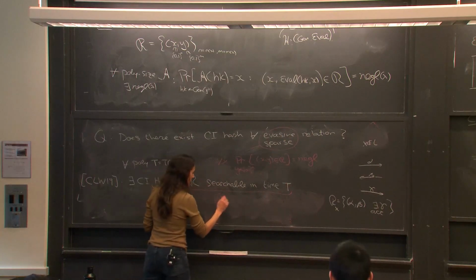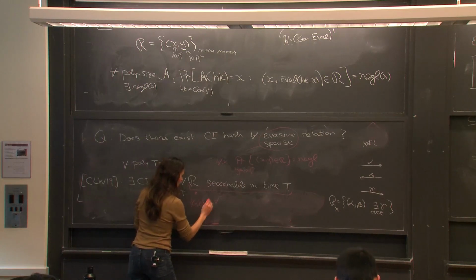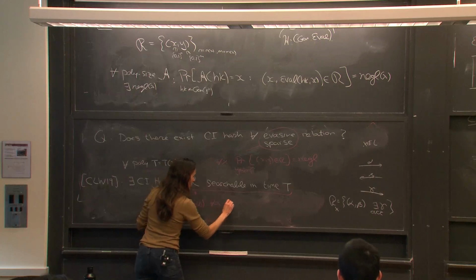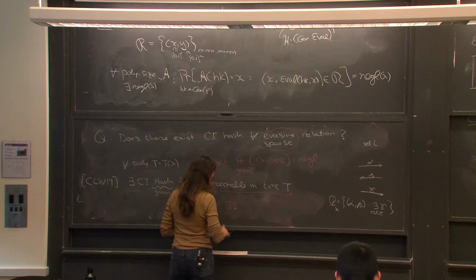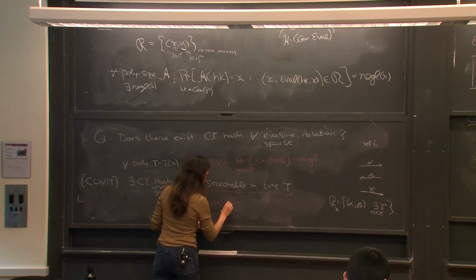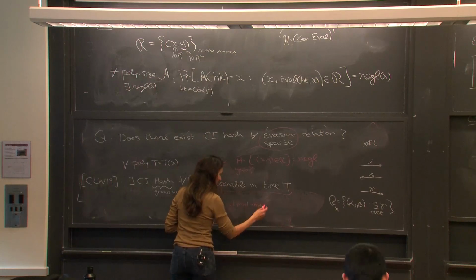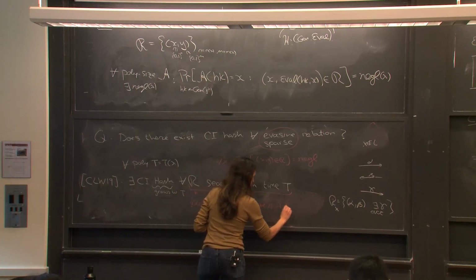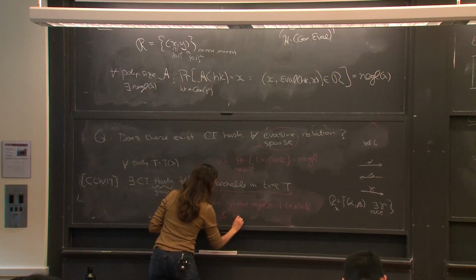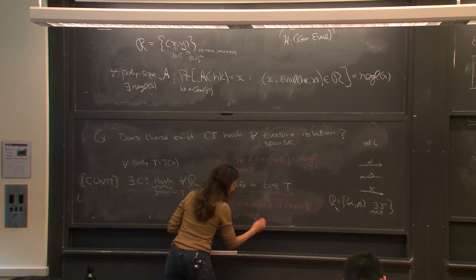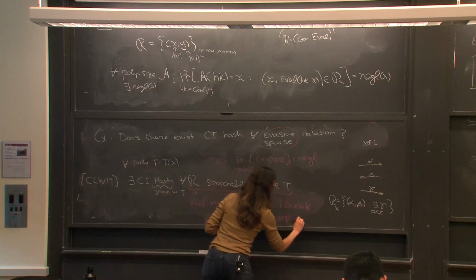So it just means that the relation is a set of alpha betas such that for every alpha there exists a unique, at most a unique, maybe less, beta such that alpha beta is in R, and to go from alpha to beta, if there's no beta, is computable in time t.